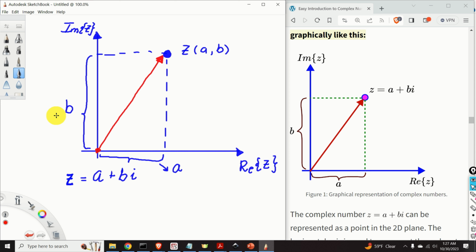Keep in mind that this is actually a polar representation of a complex number, characterized by the length of this vector, denoted like this. This number is called the modulus, something that looks like an absolute value, and this angle over here, denoted by phi, is called the argument or the phase of the complex number. More about this in my future tutorials.